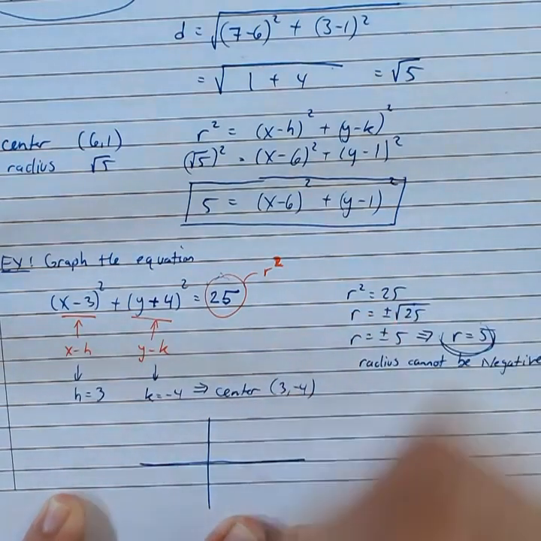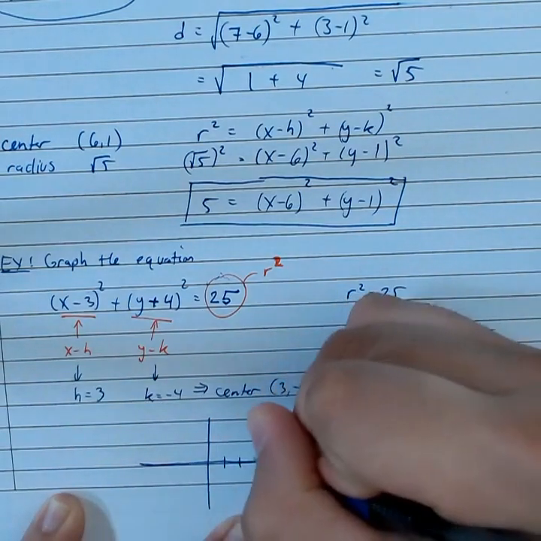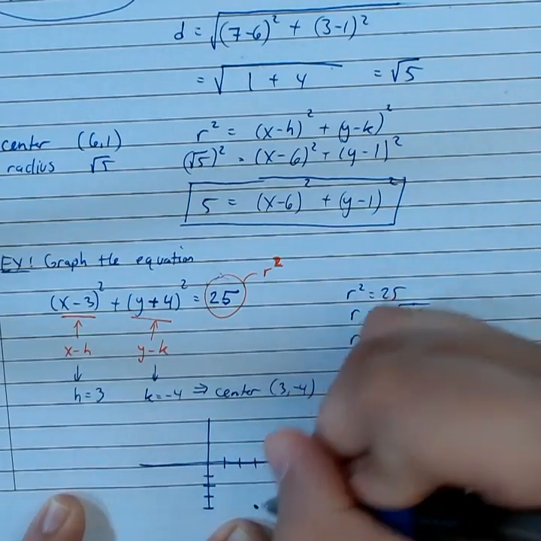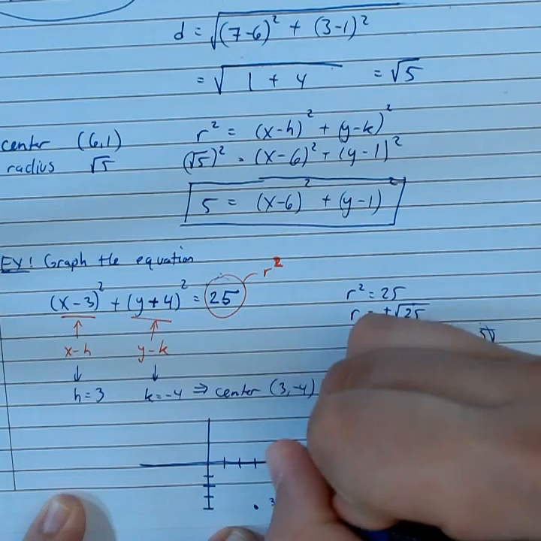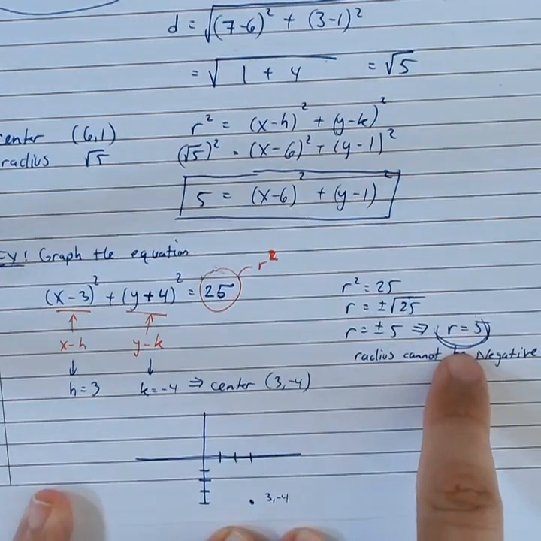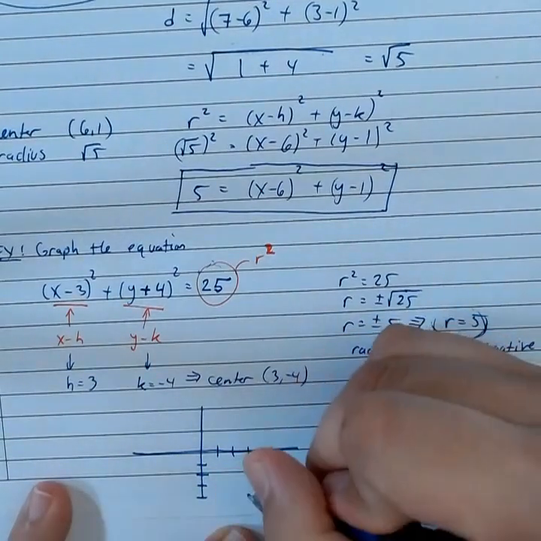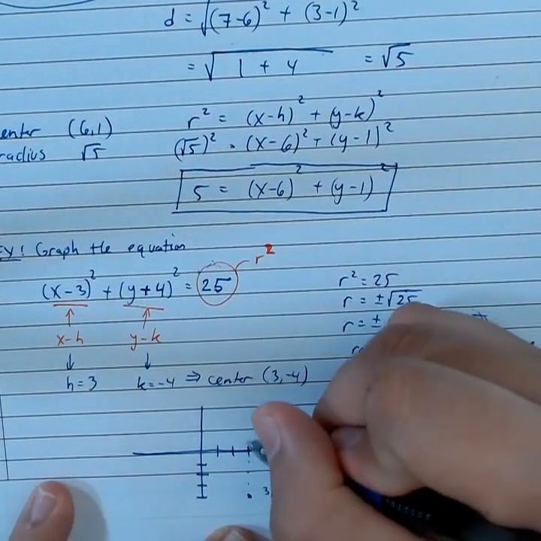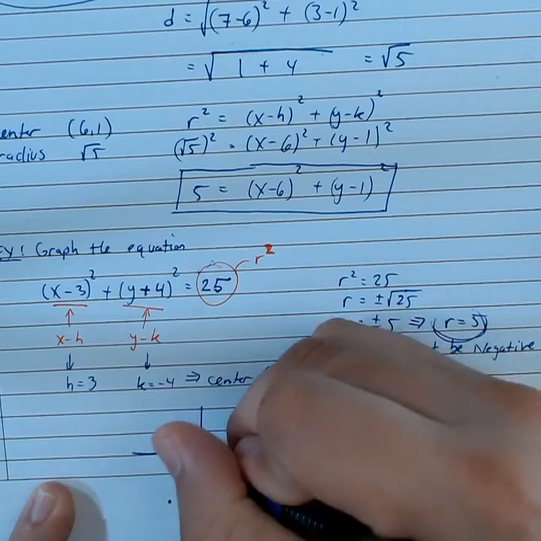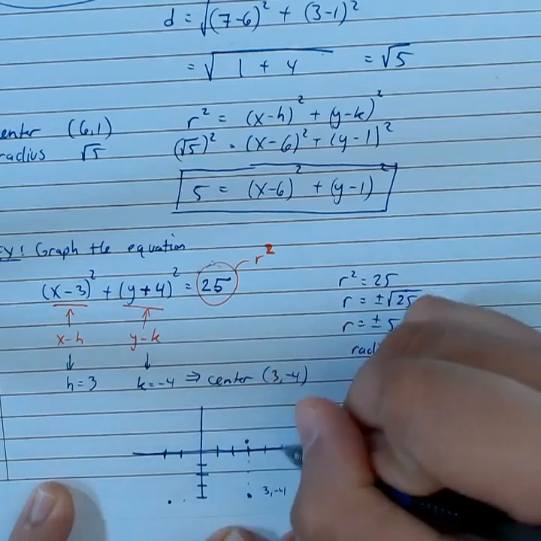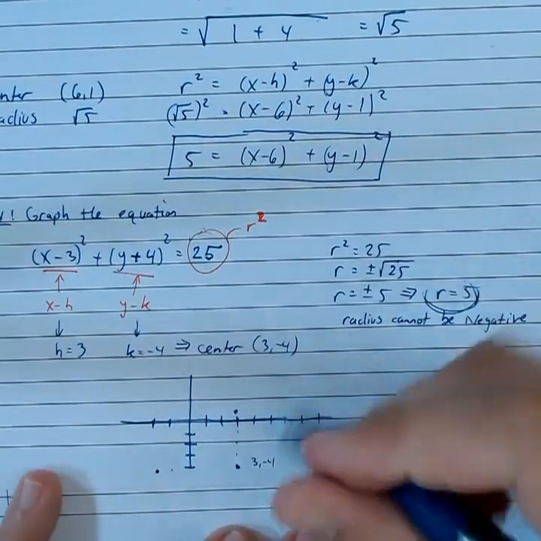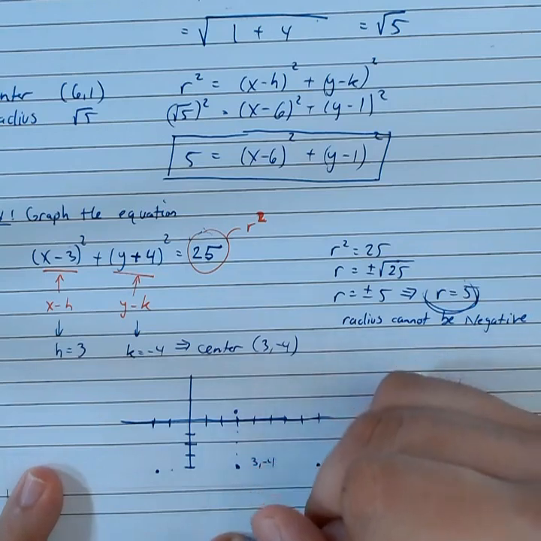Our center is 3 comma negative 4, so we're going to take 3 steps to the right and 4 steps down. 3 comma negative 4. And now we're going to take a radius of 5, which means we're going to go 5 steps in every direction. We're going to go up 1, 2, 3, 4, 5. Right, 1, 2, 3, 4, 5. Left, 1, 2, 3, 4, 5. And down, and here I'm out of paper, but it would go down 1, 2, 3, 4, 5.